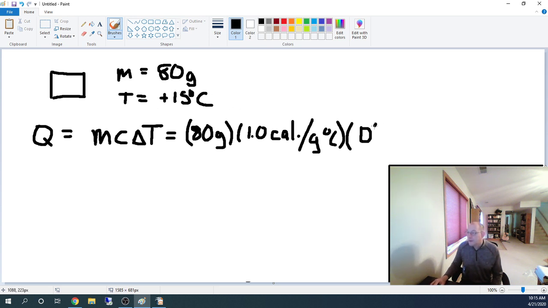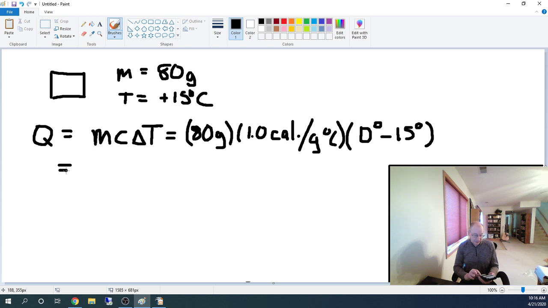So the final temperature of the liquid water is 0 degrees. And then the starting temperature, so this is final minus initial, is 15 degrees. And these are both degrees Celsius, so that's going to cancel with degrees Celsius there. So when I calculate this, I see that the heat exchange that happens with the water is 80 times 1 times the quantity 0 minus 15.